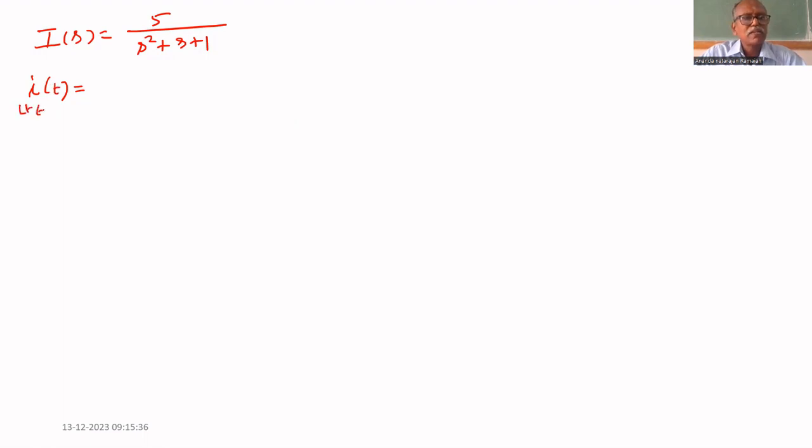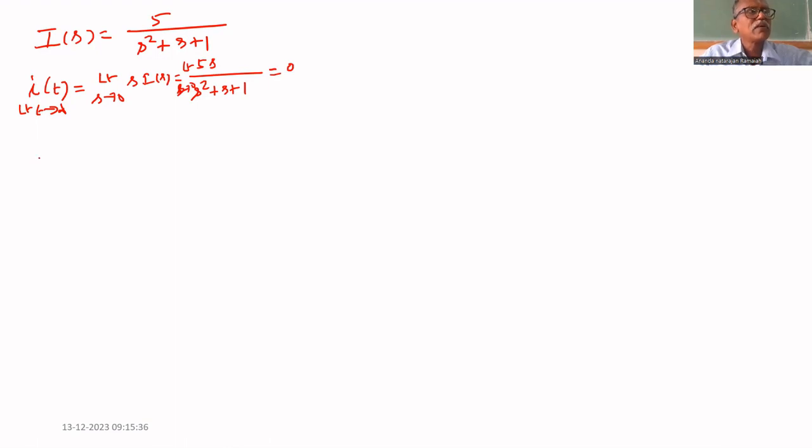I of t, limit t tends to infinity, equal to limit s tends to 0 of s I of s, equal to 5s divided by s square plus s plus 1, limit s tends to 0, equal to 0. So as t tends to infinity, it becomes 0. It can be easily found.